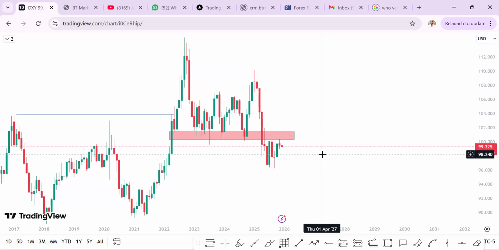Not that we will not see buys, but we may likely see more bearish on dollar than the buy.